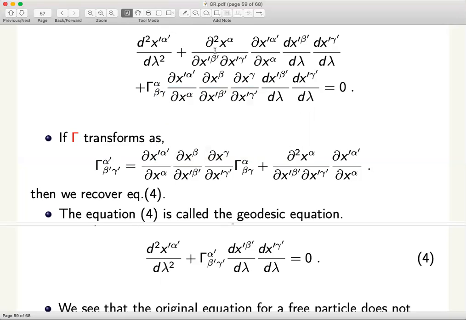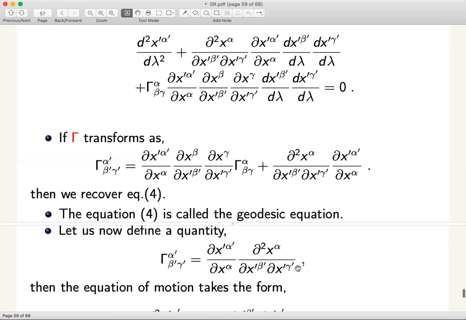Okay, it doesn't matter. So these two pieces, if you collect them, then your equation takes the same form as the original one. The point we are going to conclude from this is that if you write down your equation as equation 4, and allow this object gamma, which was initially defined only through this transformation, because we took a free particle in Minkowski space and did an arbitrary coordinate transformation, and we landed up with this object.